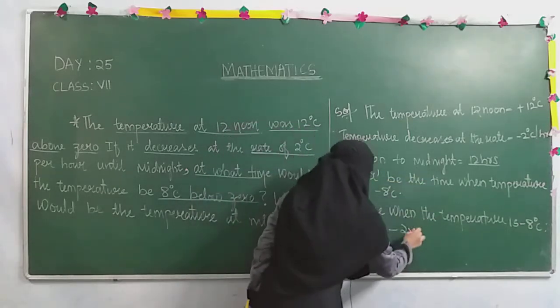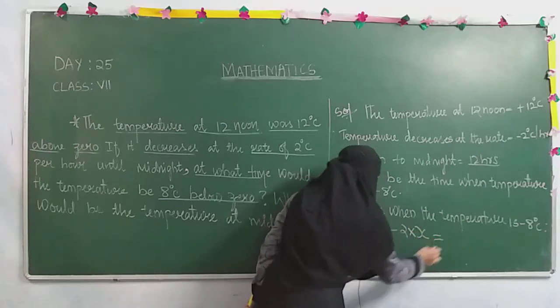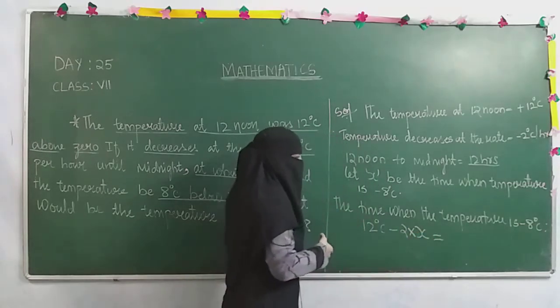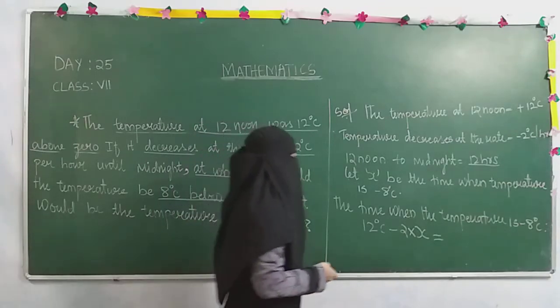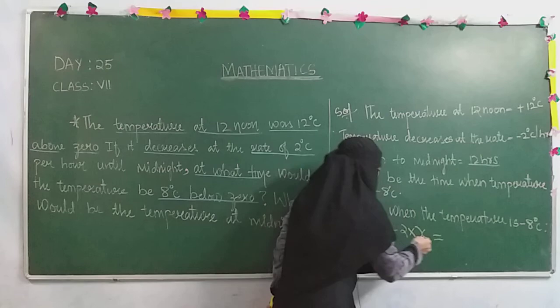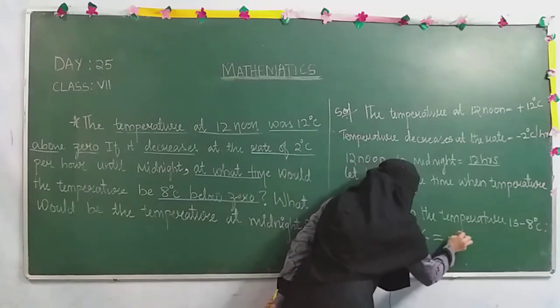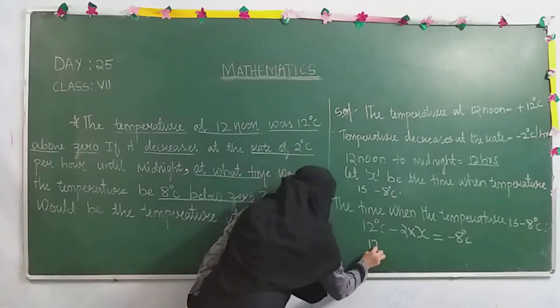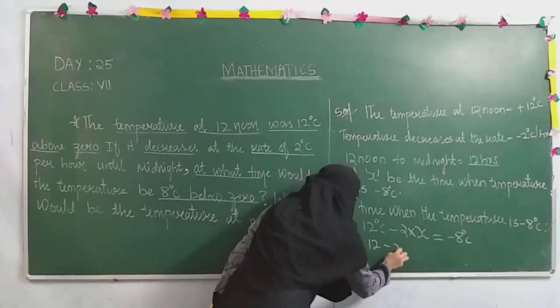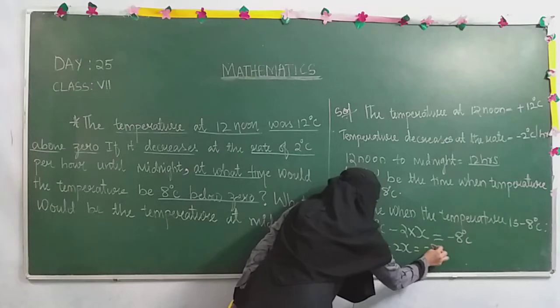Let x be the time. So from the initial temperature we take out the temperature which is decreasing, and the temperature becomes minus 8 degrees centigrade. So 12 minus 2x equals minus 8.